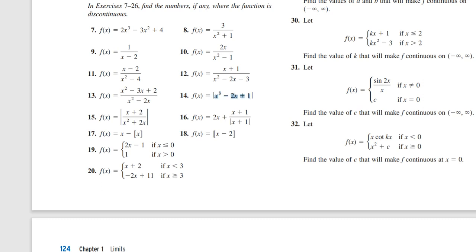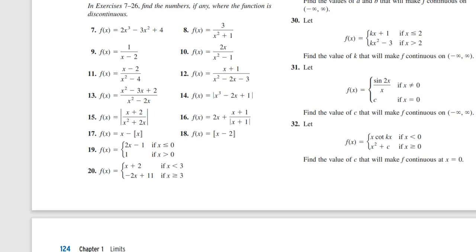That's continuous, so the absolute value of a continuous function is continuous. And because polynomials are continuous everywhere, in number 14, the composition, like f of g with absolute value, is going to be continuous for all x.